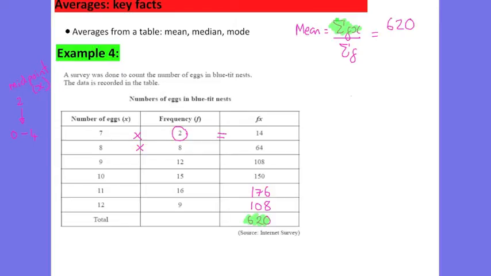When we look at the number below, we have the sum of f, the sum of the frequencies. That's this number here, which we find by adding up the frequencies. Adding up the frequencies, we get 62. So we divide 620 by 62. Dividing these two numbers gives us the mean, which is equal to 10.